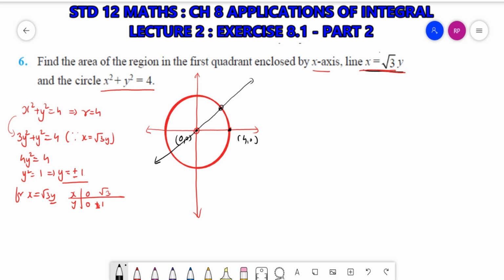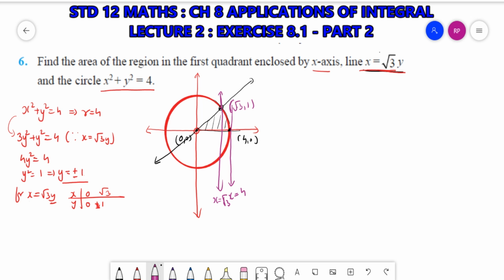Now you have to find the area of the region bounded between this line, the x-axis, and this circle. So this is the region. If I draw a line here from this point, where x is root 3 and y is 1, this is x equal to root 3.